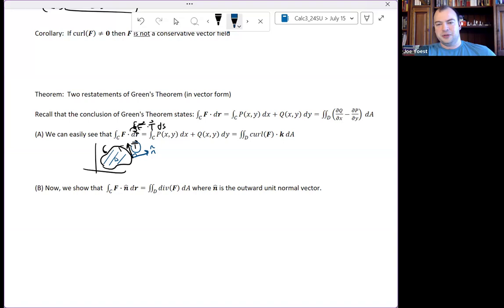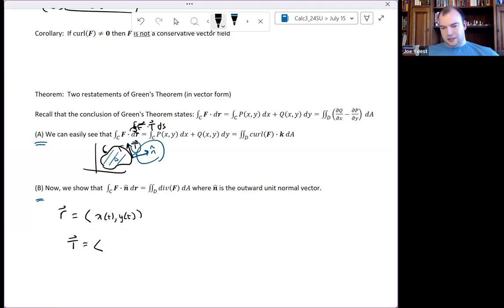So I have a tangential bit that's what I've looked at in part A, and I have a normal bit that's what I can look at in part B. The details are in the book and we're running out of time, but I'll quickly sketch the proof. When I try to do things quickly is usually when I make mistakes, so I'll stick closely to my notes. Our unit tangent vector is x prime over length r prime, y prime over length r prime.